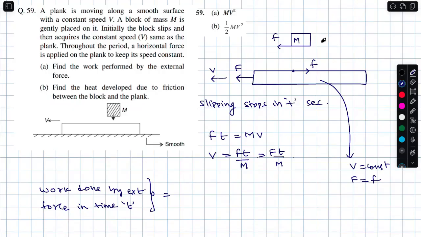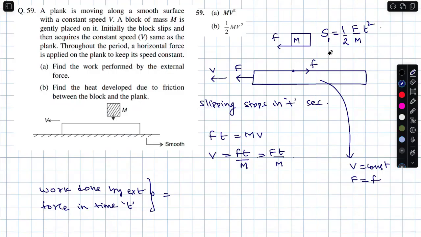Okay, by the way, what is the displacement of this part? Displacement of this part is half a t square.